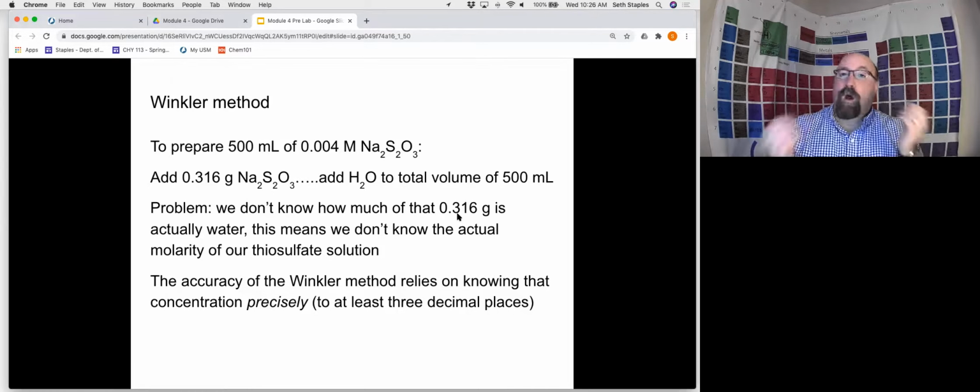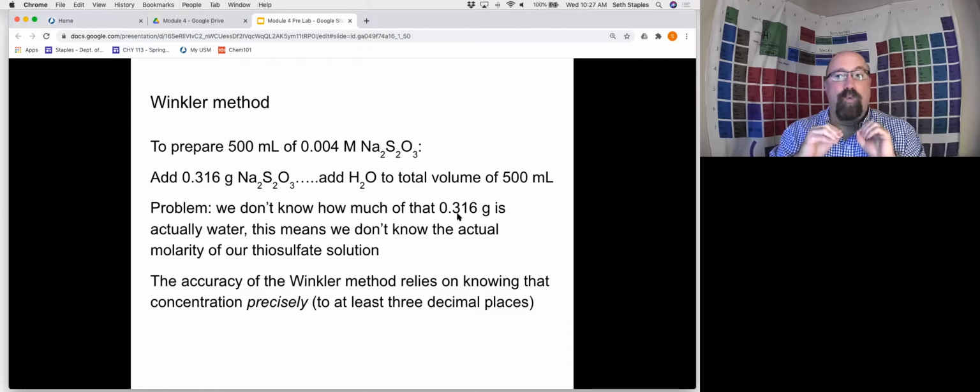So we don't know how much of it is water and how much is thiosulfate, which means that ultimately we don't know the actual molarity of the thiosulfate solution. But the accuracy of the Winkler method relies on knowing that concentration precisely. We have to know the exact concentration of the thiosulfate for this method to work.